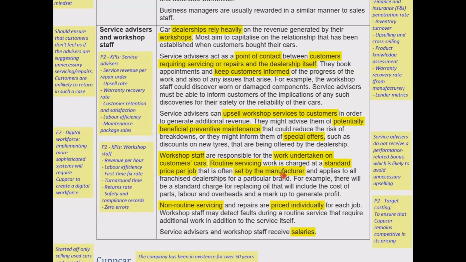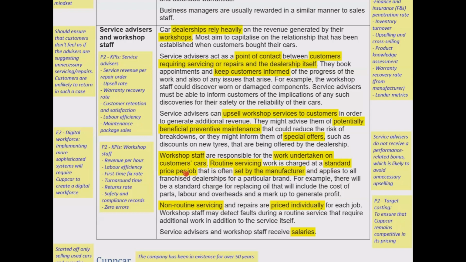Now, important little point here, very important to note, the routine service work on the new cars that is done under a warranty is charged at a standard price per job. So routine servicing under any kind of service agreement for a new car, Cuppcar would not be able to set their own price for that service.